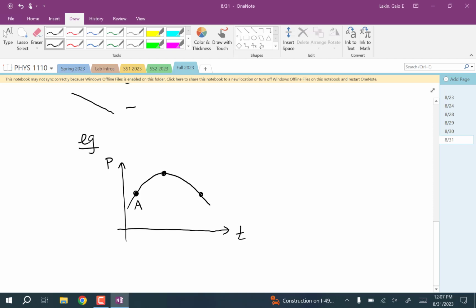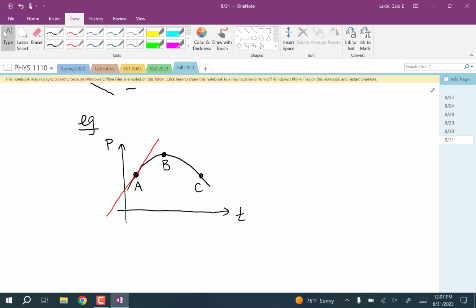Okay, so I'll call this instant A, B, and C. So at instant A, like we did in lab this week, we'll draw a tangent line by drawing two nearby points and then sketching the line that goes through it. What's the sign of that slope? Positive, yep. And so what direction is the object moving at this instant? Positive, negative, or stopped? It's moving in the positive direction, yep.